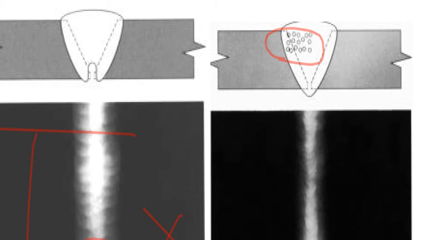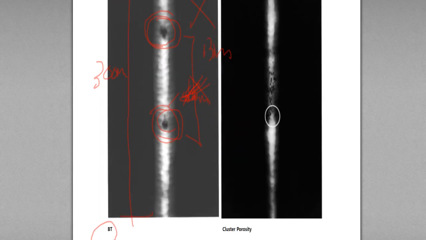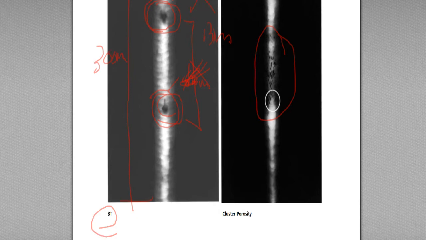Inside of the weldment, many small, tiny holes exist. If you shoot the RT, the film shows something like wormholes and cluster holes. So the definition of this picture is cluster porosity.